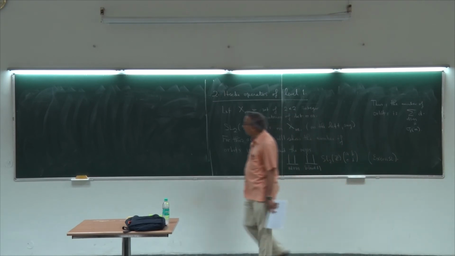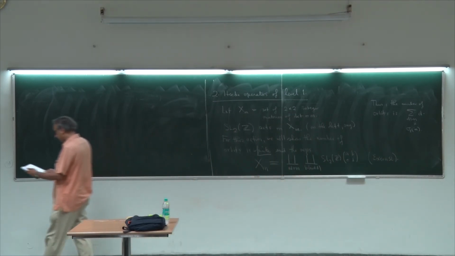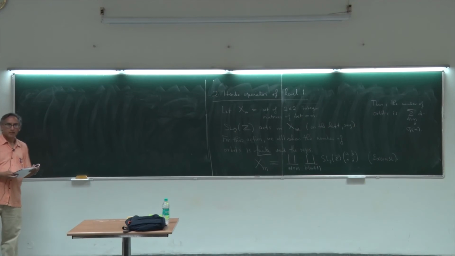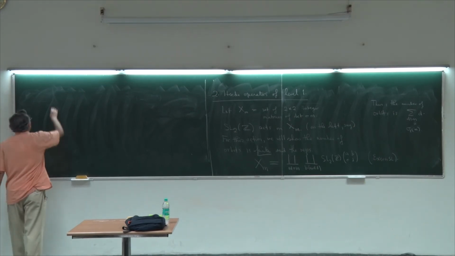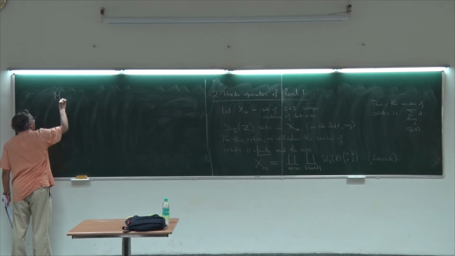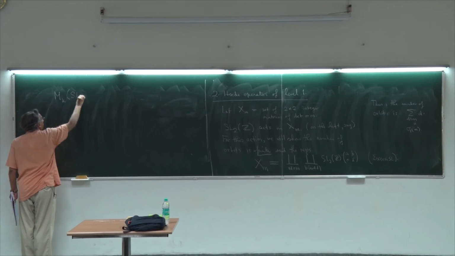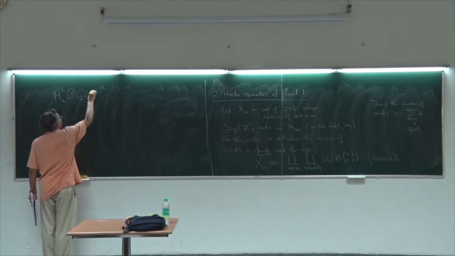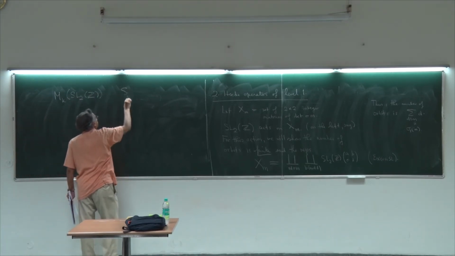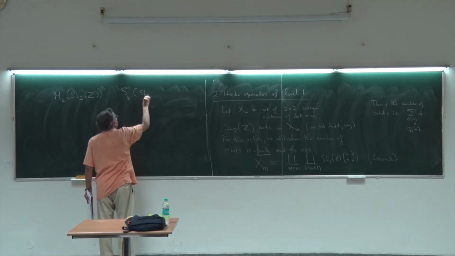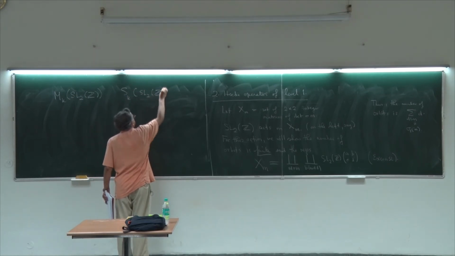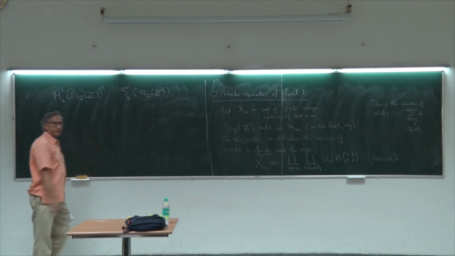Now, once we have this, we can define some remarkable operators. This is the key. We already observed that you have your M_k of the full modular group. These are vector spaces.